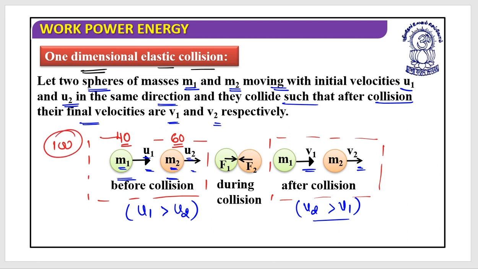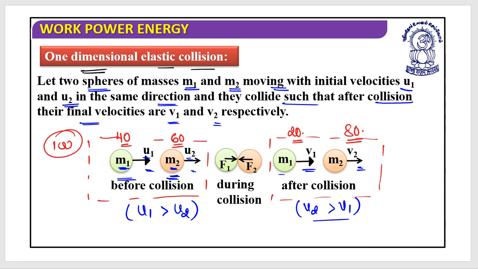Now it might be possible that afterwards the momentum of this becomes 20 and the momentum of this becomes 80. So if you observe carefully, the momentum of m1 before collision and after collision has completely changed.